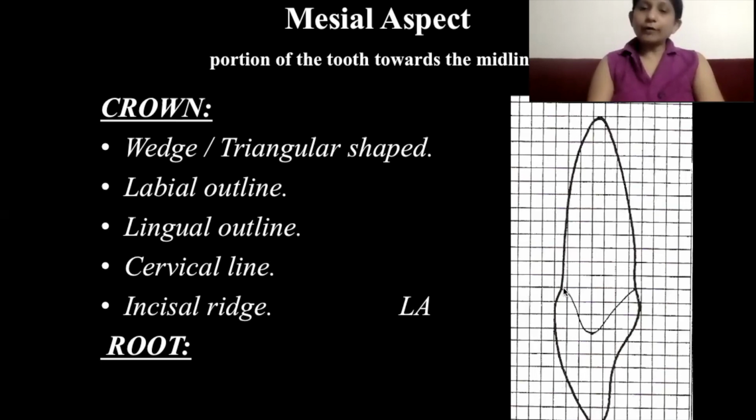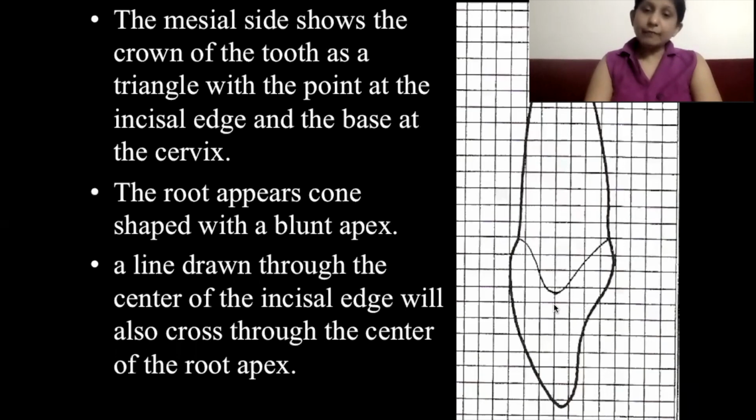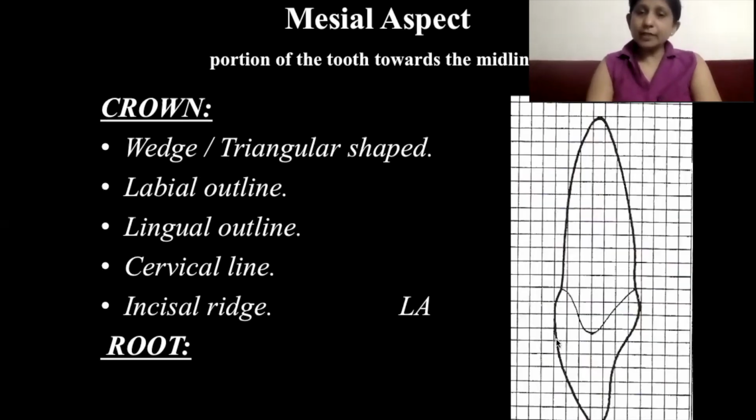So now if I have to explain the labial outline, I would say that it starts from the cervical line on the cervical third, and it shows a maximum crest of curvature at the junction of the cervical and the middle third. When I say it shows the maximum crest of curvature in the cervical third, I mean to say that maximum width is seen at the cervical third, and from there it drops down like a straight line to the incisal tip.